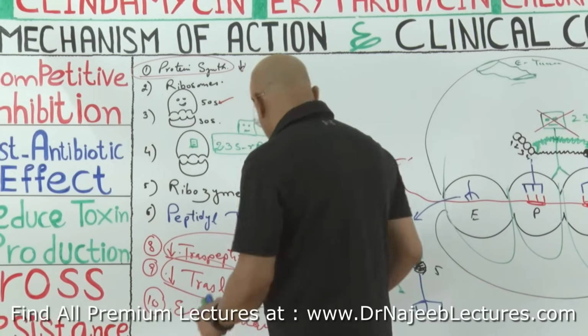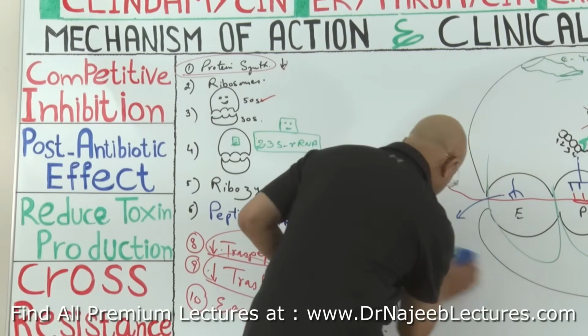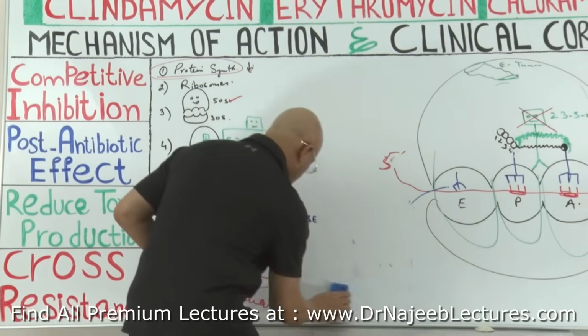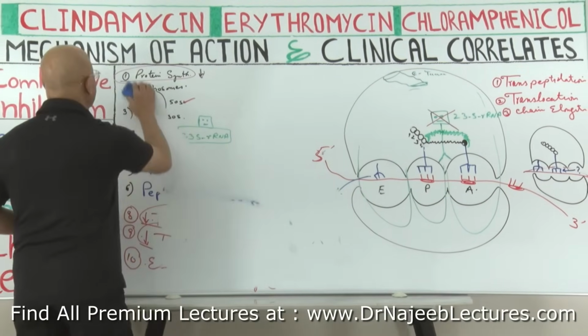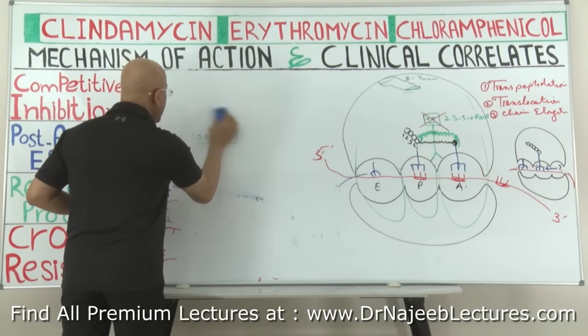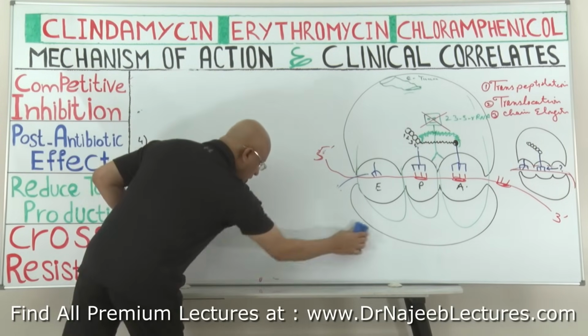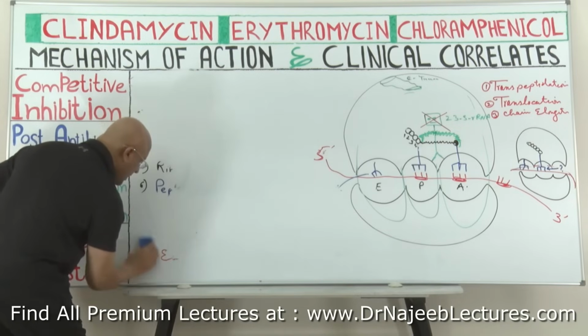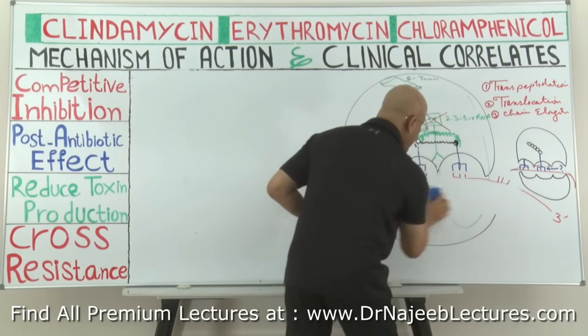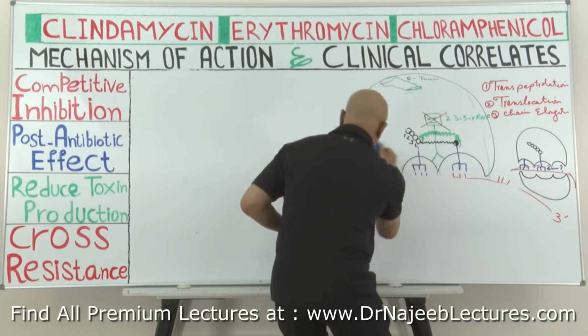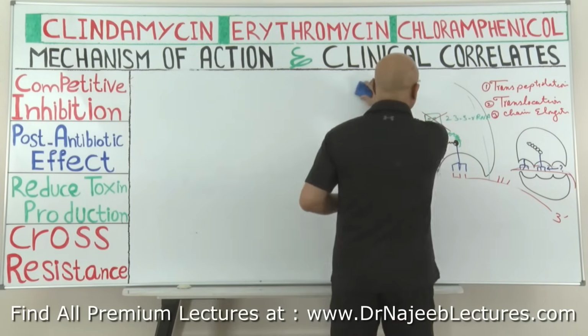First of all, let me explain their differences, right? If these 10 points are clear to your mind, let me explain exactly on the ribozyme how these drugs work. Now I will make a simple diagram, but I will make 3 diagrams.